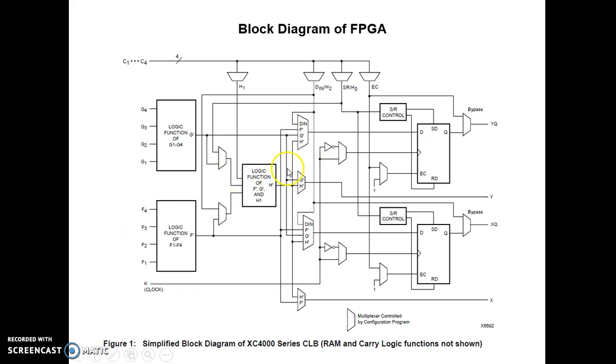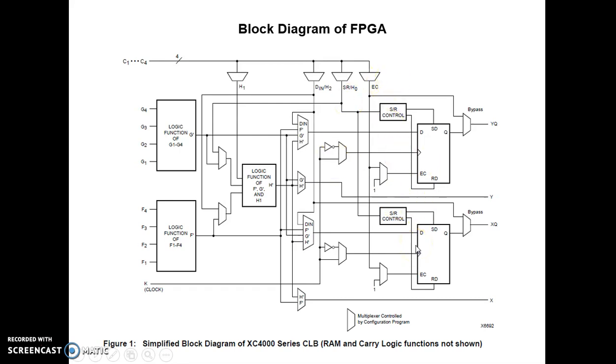With appropriate programming of multiplexers, the output of function generators can be directed to CLB outputs X and Y, or they can be captured in edge-triggered D flip-flops F1 and F2.